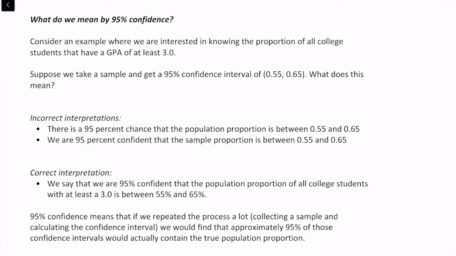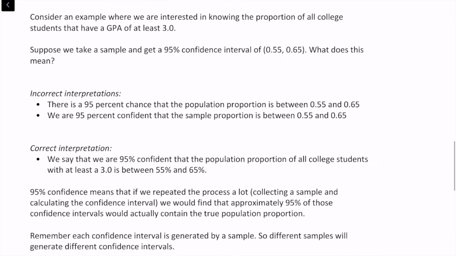All right. So let me start off with the most common incorrect interpretation of what this confidence interval is saying. When some people see that 0.55 to 0.65 and they see it's a 95% confidence interval, they will erroneously say, oh, there is a 95% chance that the population proportion, which we don't know, is between 0.55 and 0.65.